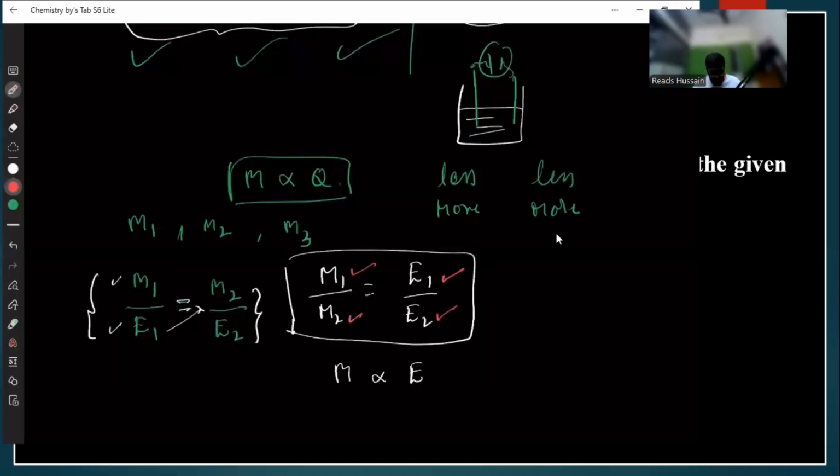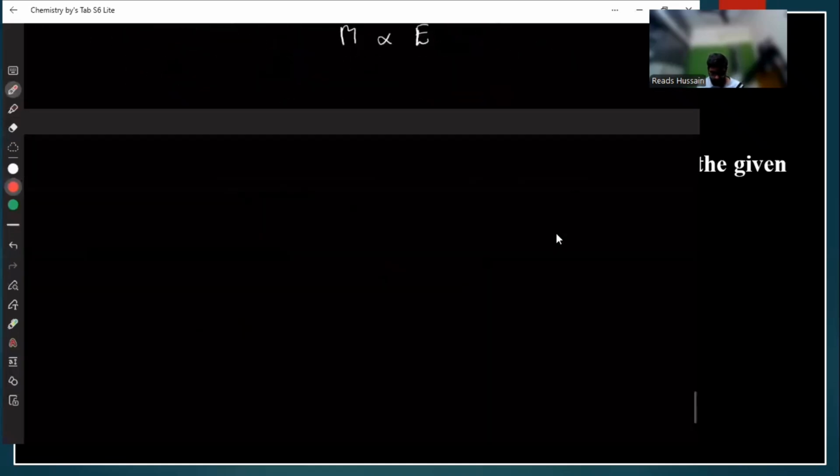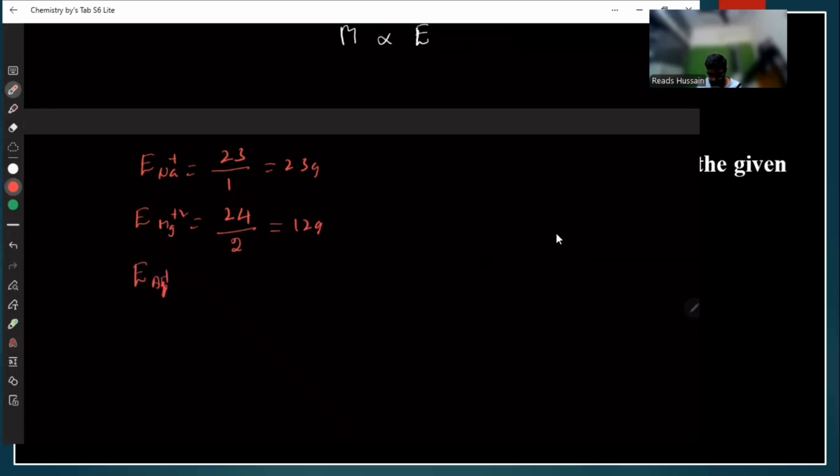So I will explain on the tab. Just to make you understand, equivalent weight of sodium is equal to atomic weight of sodium 23 by valency of sodium 1. So 23 grams. Equivalent weight of magnesium, Mg plus 2: atomic weight of magnesium 24, valency 2, 24 by 2, 12 grams. Equivalent weight of aluminum, Al plus 3: atomic weight 27, valency 3, 27 by 3, 9 grams, and so on.